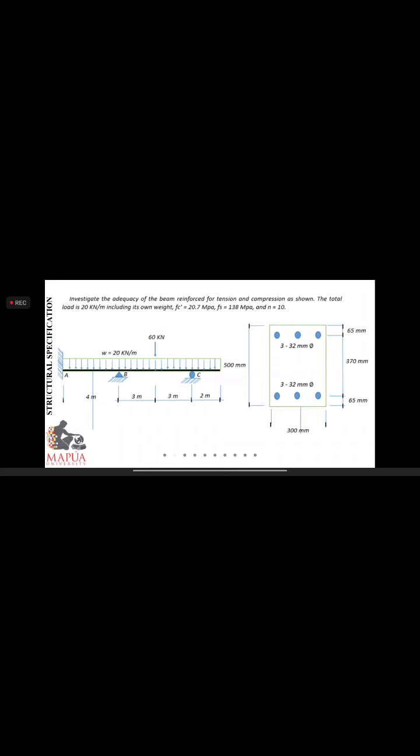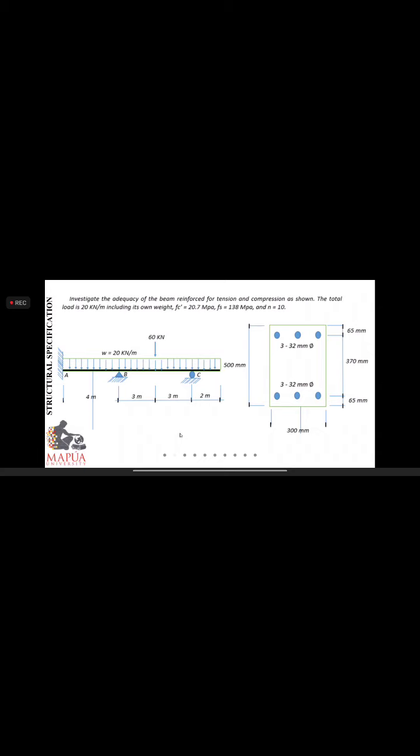You are going to start first by computing the support reactions here by employing techniques that you learned in theory of structures. Once you know the support reactions, we are bound to draw the shear diagram and the moment diagram.